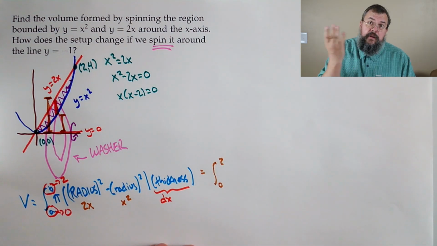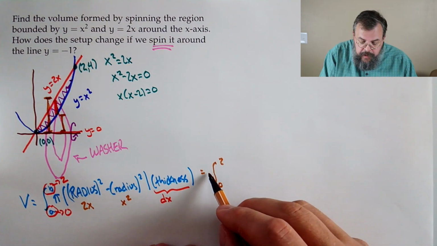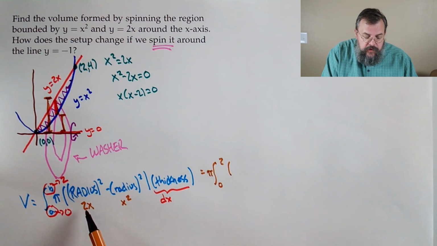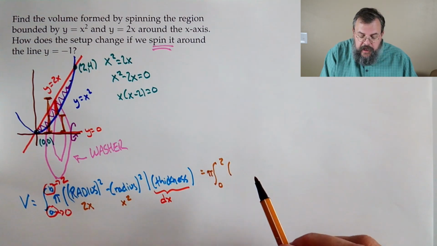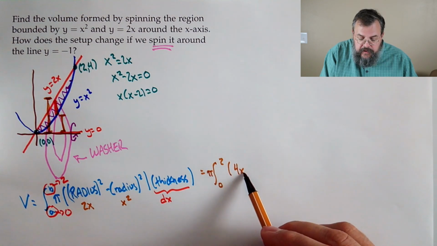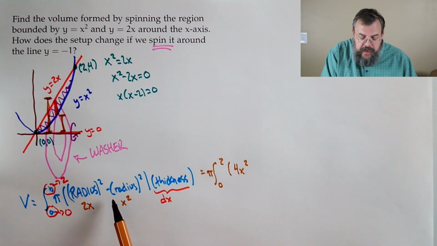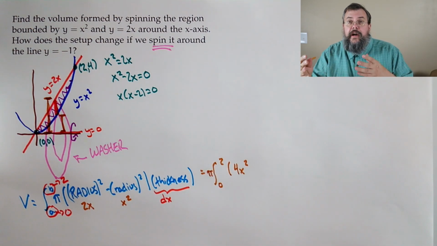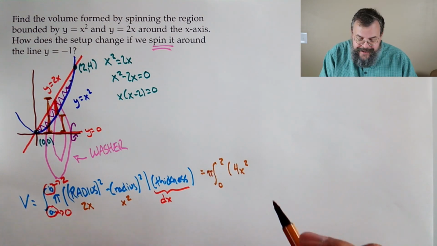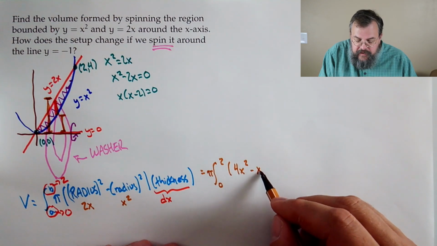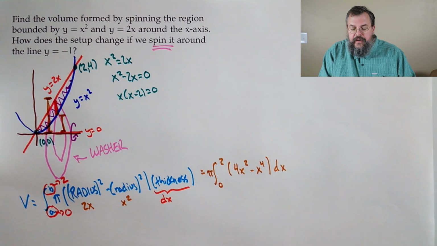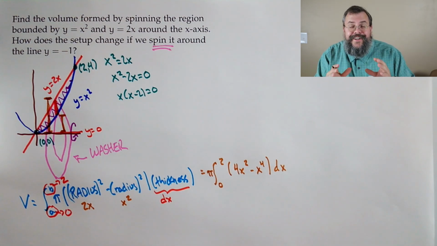Pi is a constant, so let's bring that outside: pi out in front. Then we have the outer radius squared, so that'll be 4x squared. Then minus the inner radius squared. It's already x squared, so x squared squared is x to the fourth. So minus x to the fourth, and dx. Good. Our setup is done.